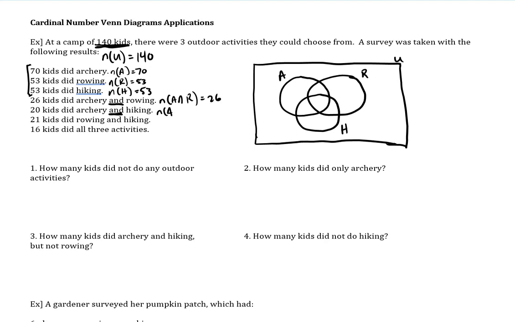We also have the number in archery and hiking is 20, and the number in rowing and hiking is 21. I'm sorry, the blue pops up, so it just thinks there's a grammar mistake, but I think it's okay for what we got.